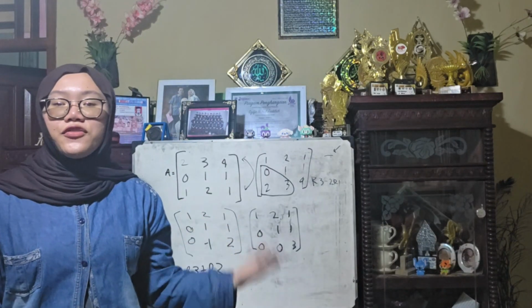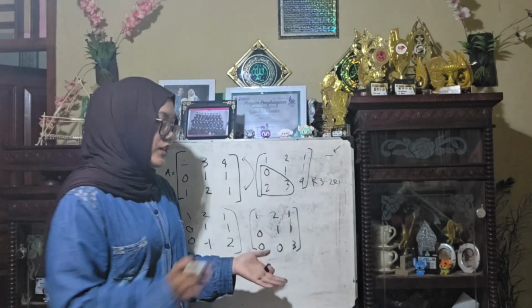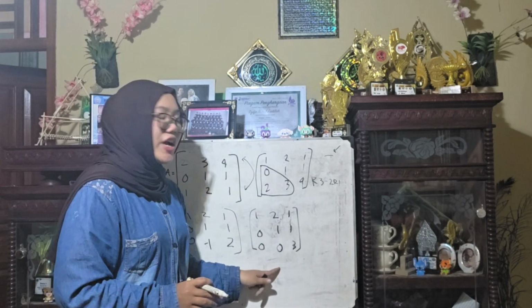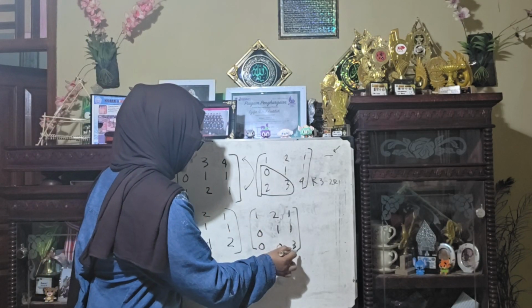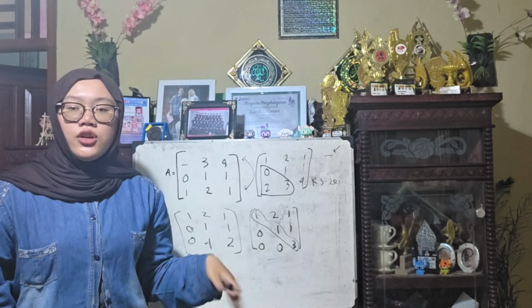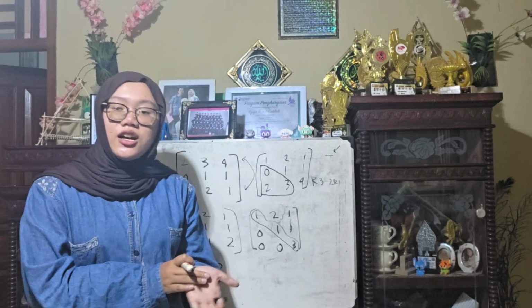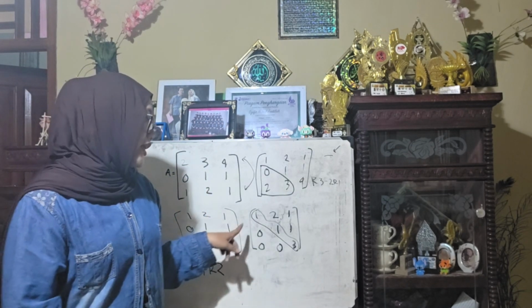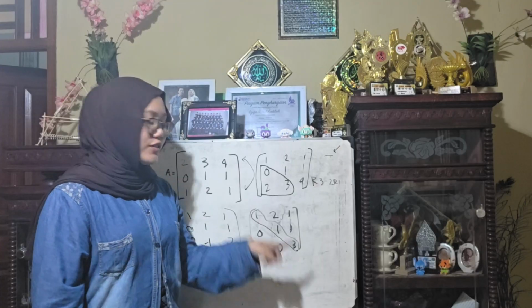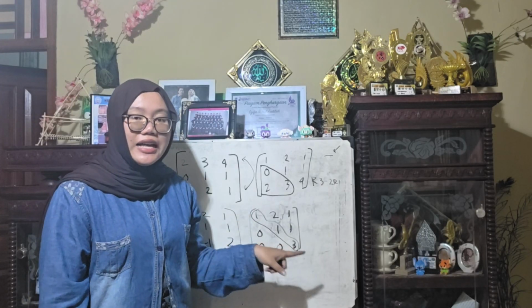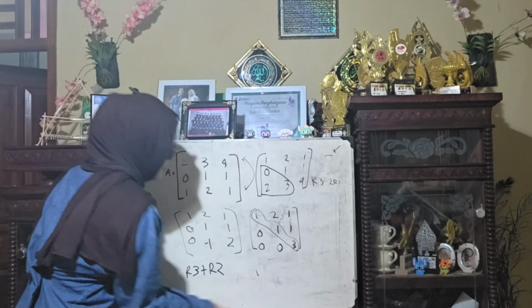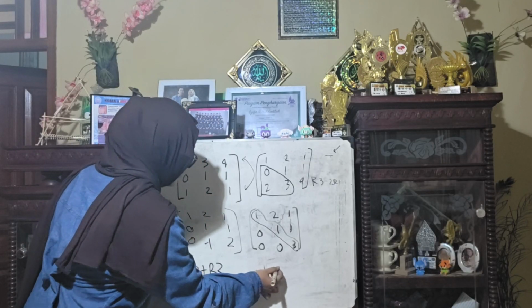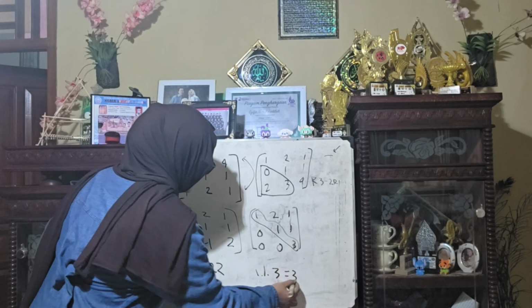So this is our final matrix because it is already forming an upper triangular matrix. As you can see, we already have it upper triangular. So to calculate the determinant of an upper triangular matrix, we can multiply all the numbers inside the main diagonal. So 1 times 1 times 3 is equal to 3.